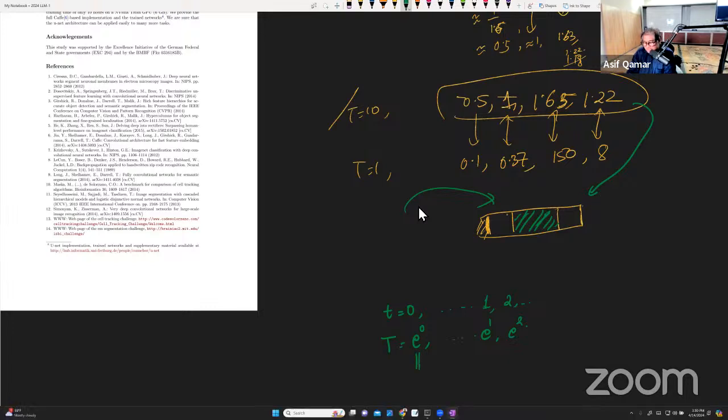So what is it? When you set the temperature to absolute 0, what does that mean? This is equal to 1, means you're not using temperature at all. The most likely thing is going to be preferred. By the time you set the temperature to 1, what does it become?